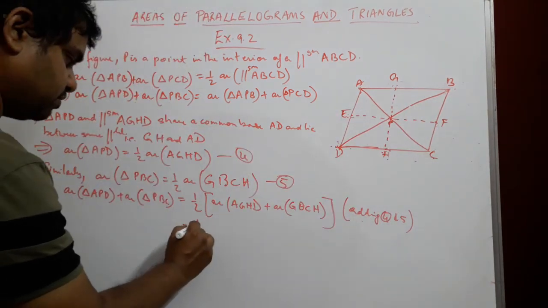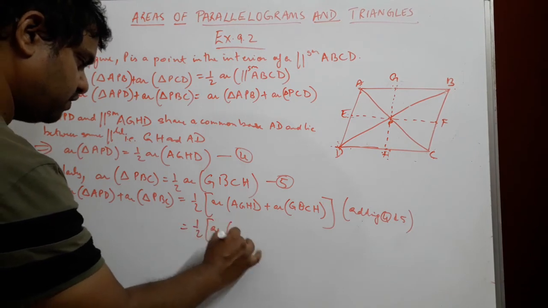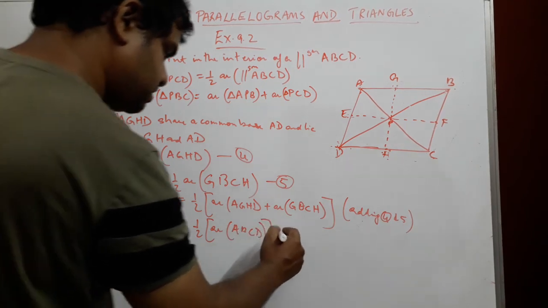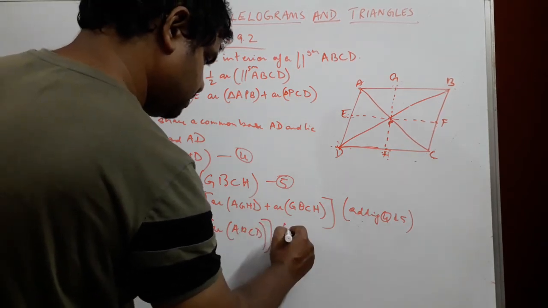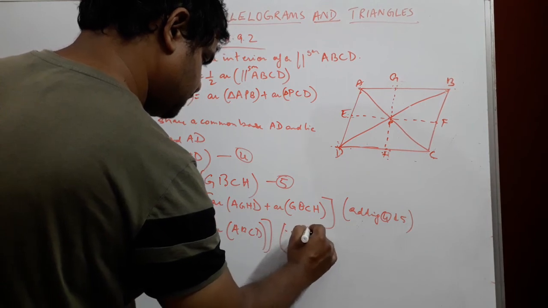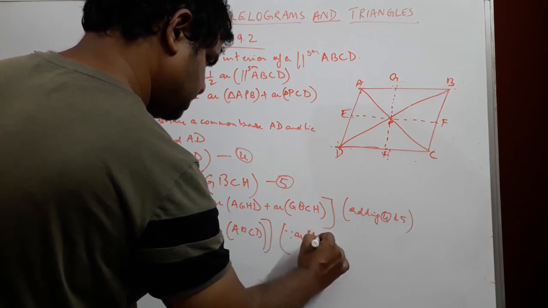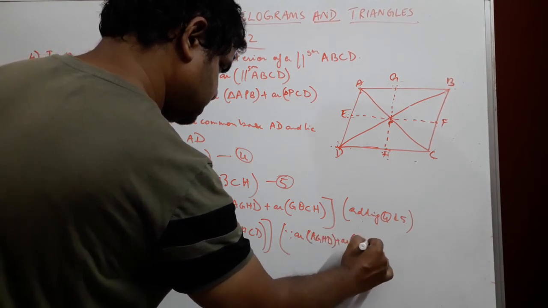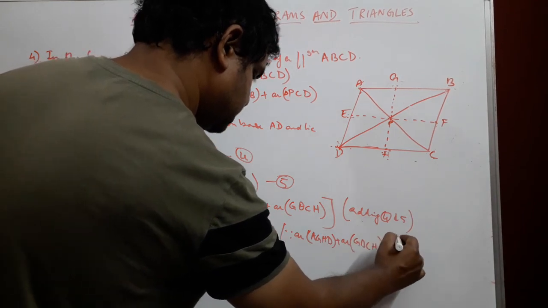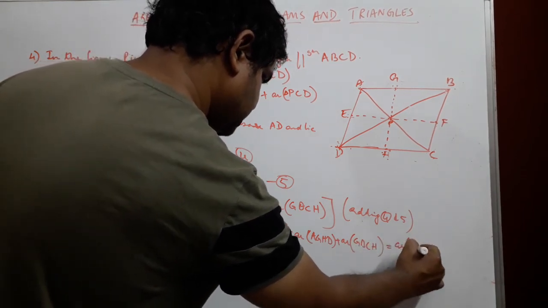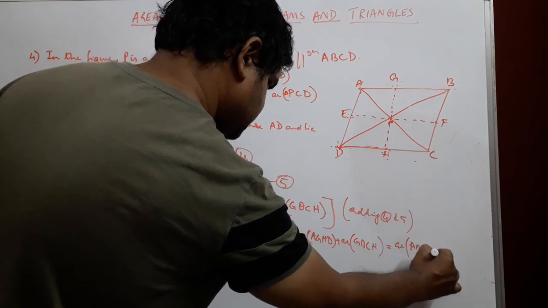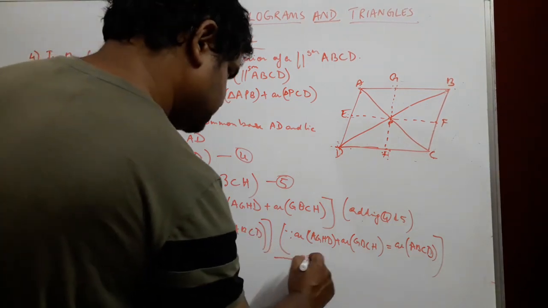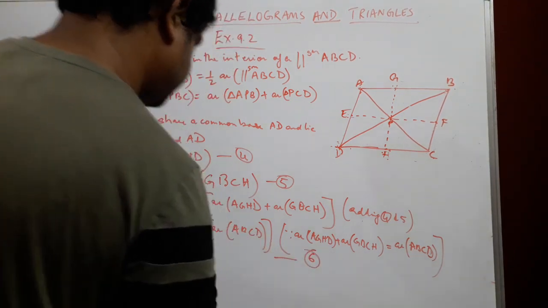So we can say this is equal to half of area of ABCD, and here we can make a note that area of parallelogram AGHD plus area of parallelogram GBCH is equal to area of ABCD. What we'll do is we'll mark this as 6.